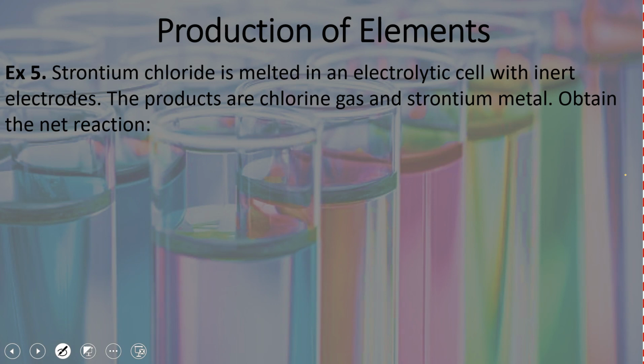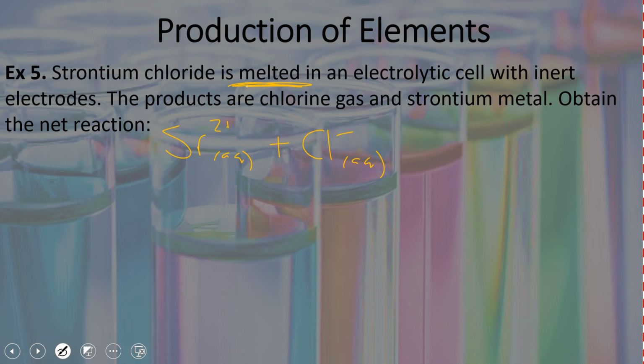Probably what's happening here is all that we have is strontium chloride, so strontium would be Sr2+ aqueous ions and chloride, aqueous. As soon as I see melted, it means that they're not actually putting this in water and they have an electrolytic cell. They're actually taking that salt and heating it up as hot as they can get it. And then what's going to happen?